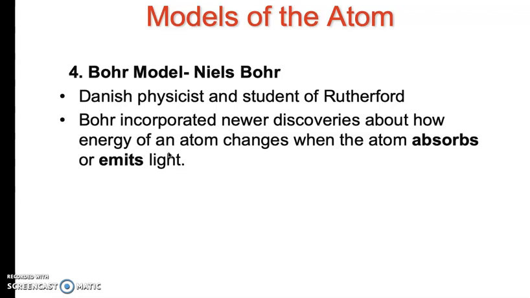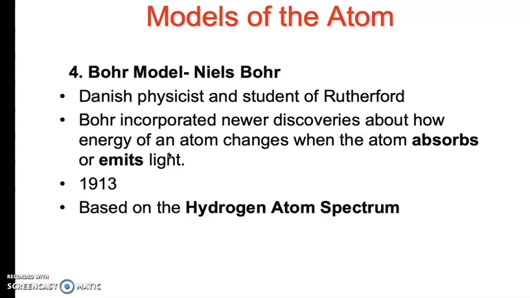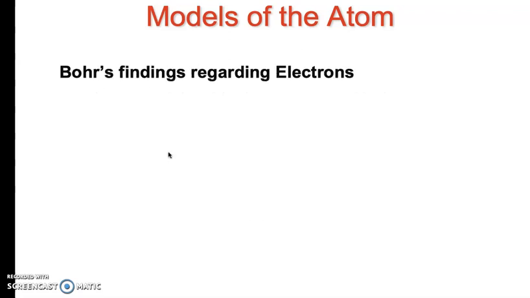When you shine a light on an object, what happens to the waves of light that hit the atoms of the metals? Well, something is going on. Okay, and this was all discovered around 1913. And he based his model solely on the hydrogen atom, and it only worked for the hydrogen atom.